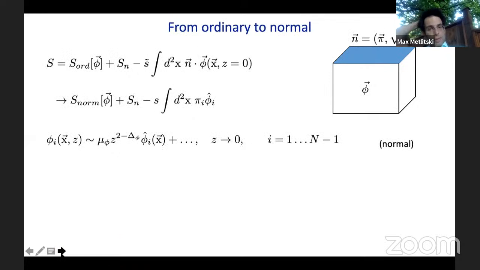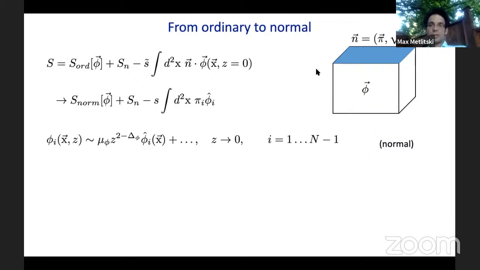Okay, so when g is equal to 0 and n is not allowed to fluctuate, we know that the boundary flows to the normal fixed point. What is the leading perturbation that we induce?